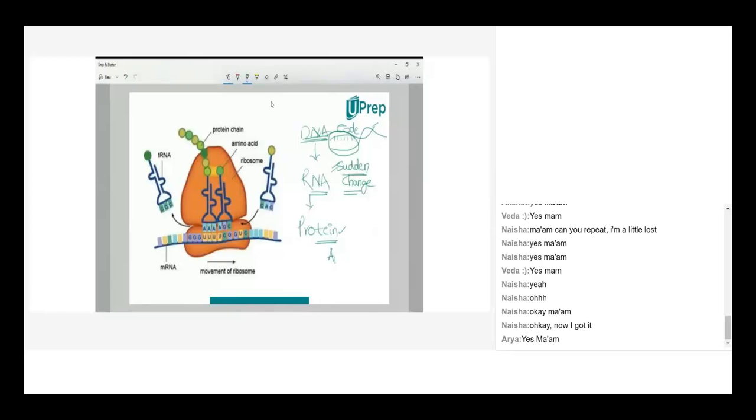But there might be some sudden change happening in this process where this code is wrongly interpreted. What happens? Instead of production of A1 protein, some X1 protein will be produced. So the A1 protein will not be produced because the code has been wrongly interpreted. The RNA structure would have changed.